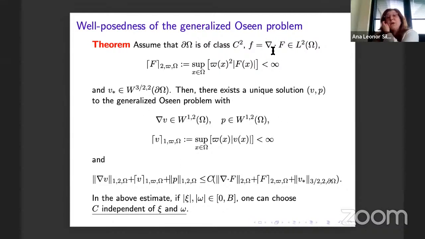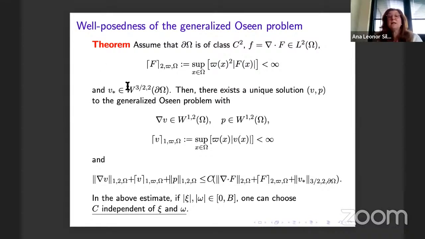So let's assume that we have some external force in divergence form, which is in L2, for instance, and also which has a decay described by the weight function that I showed before.